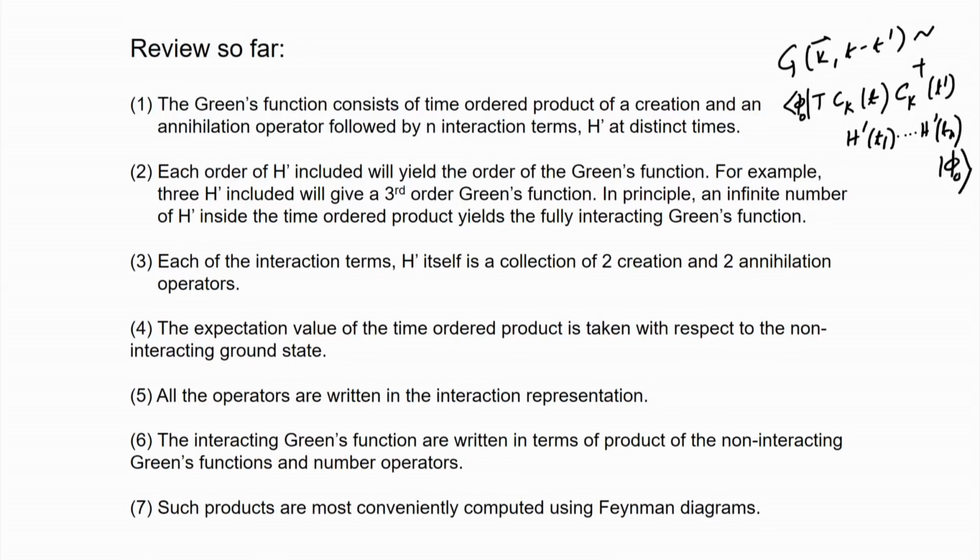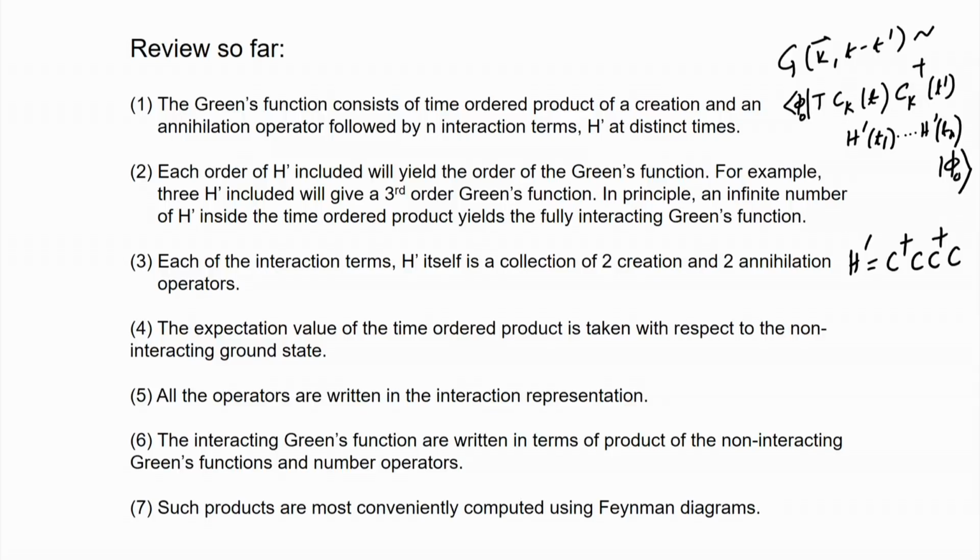We will only be constrained with each of these h primes having two creation and two annihilation operators. So, h prime has a c dagger c and a c dagger c with momentum and spin indices as the case requires.